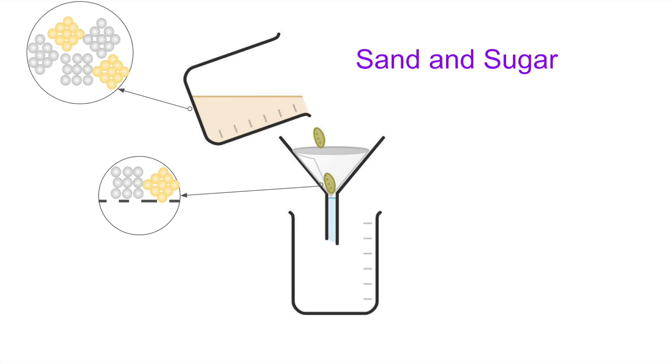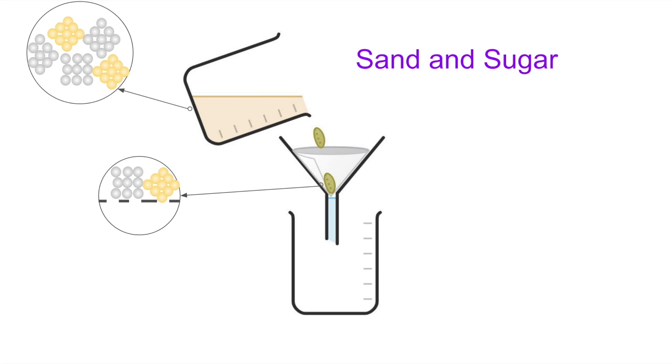And so nothing ends up in the beaker, and you just end up with the whole mixture back in the funnel. Now, if you're clever, you can probably think about a way to separate the sand and the sugar mixture, because we know that the sand doesn't dissolve. Those crystals don't break up into the water and form individual particles, but the sugar will.